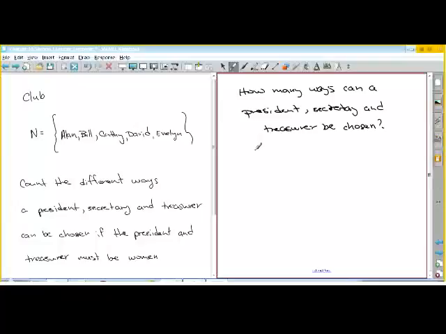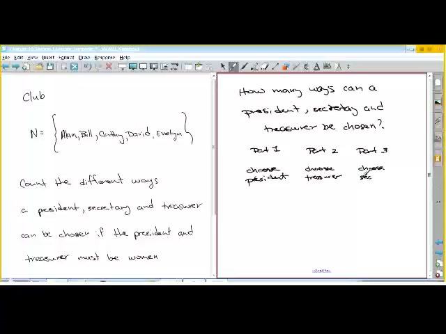So we can do this by using a tree diagram. So there's going to be 3 parts. We're not flipping a coin now. We have 3 parts, and part 1 we're going to choose the president. And once we've chosen the president, then we're going to choose the treasurer.